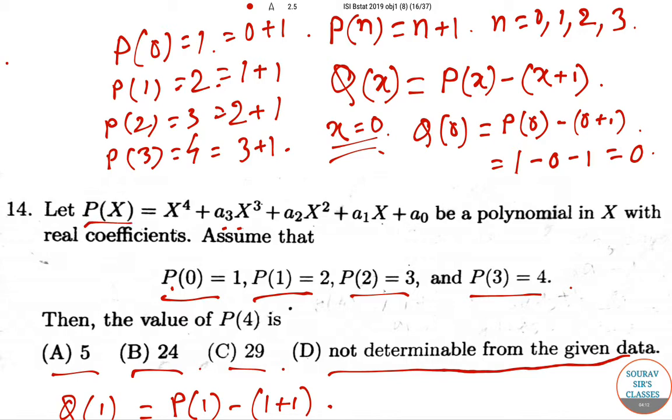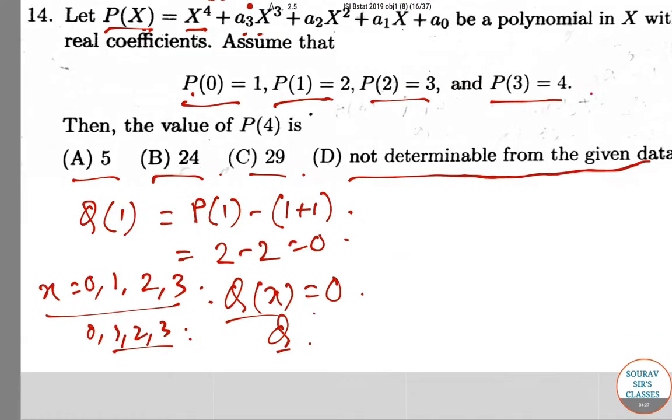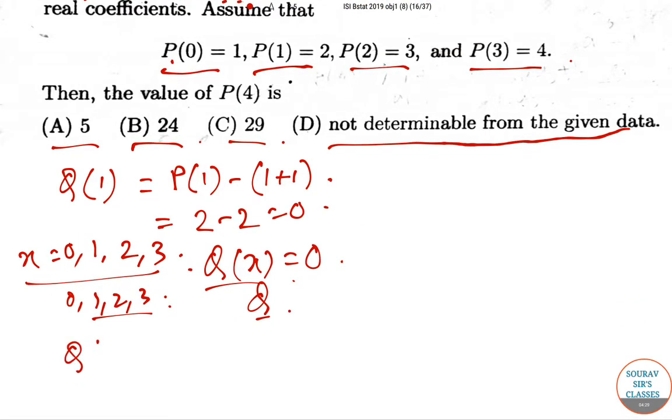Now polynomial P(x) is a 4th degree polynomial as the highest power of x is 4 here. So here Q(x) equal to P(x) minus x plus 1.